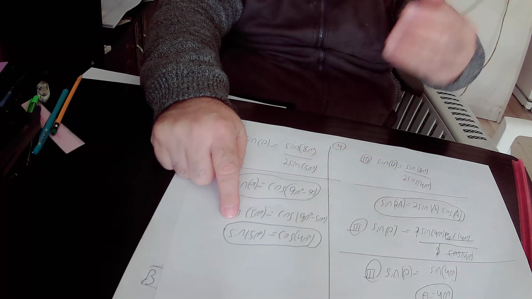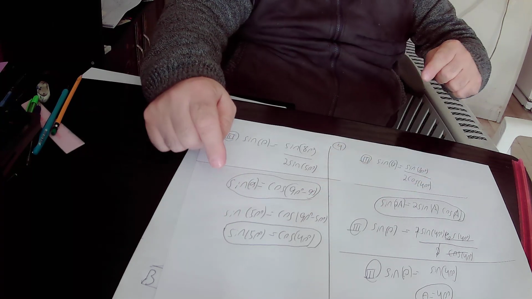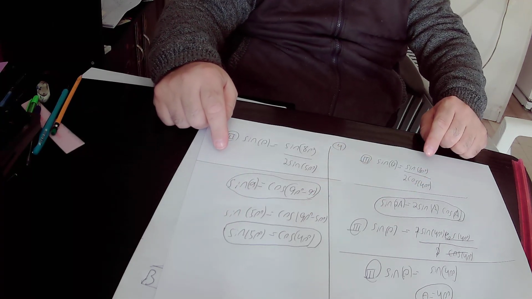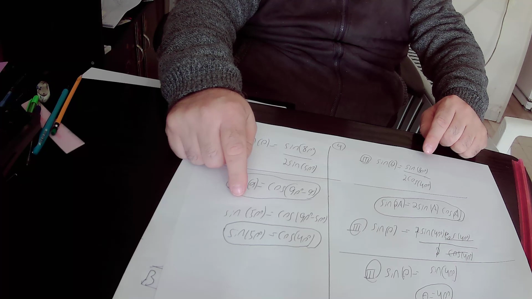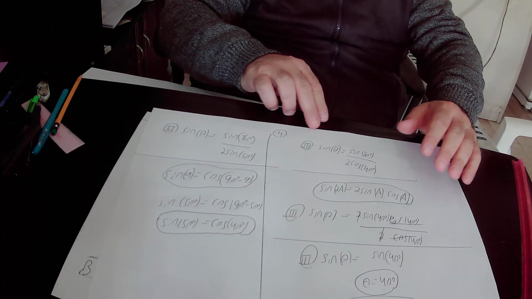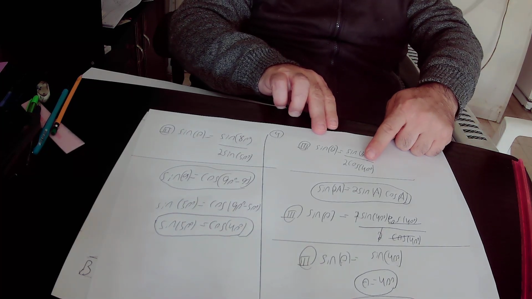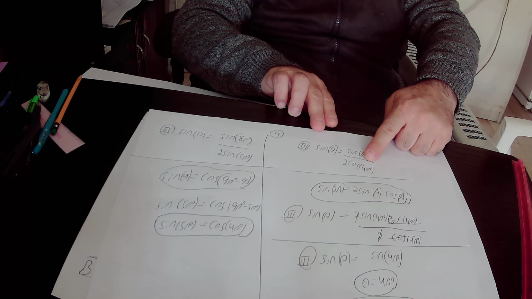So we can substitute sine 50 degrees. We have sine theta equals sine 80 degrees over 2 cosine 40 degrees.